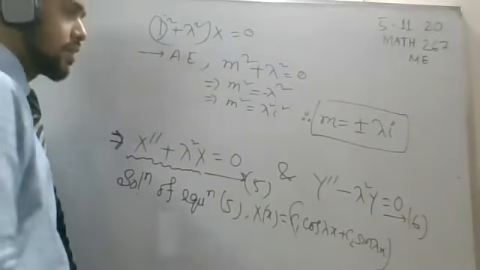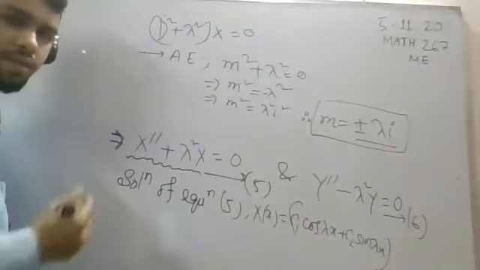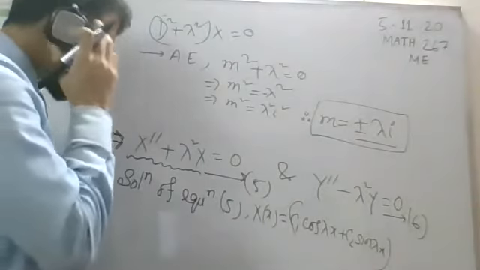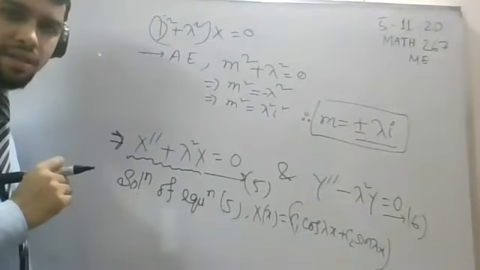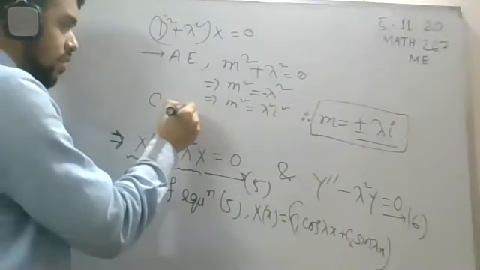Okay, here the roots are different and also complex. That means non-real roots. I told you that if the roots are different, then your complementary function will be what?